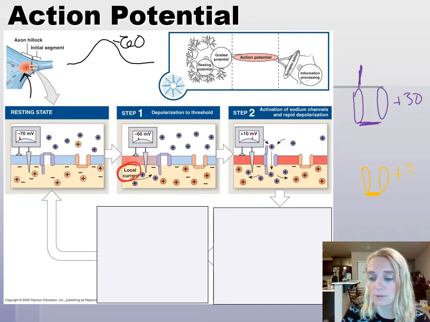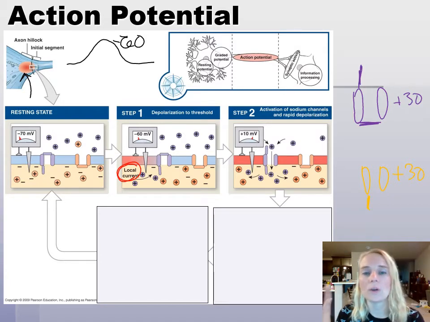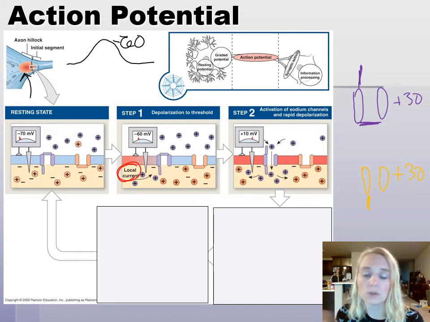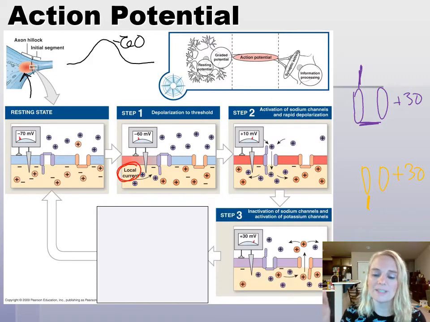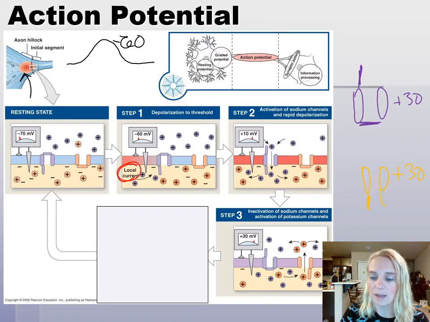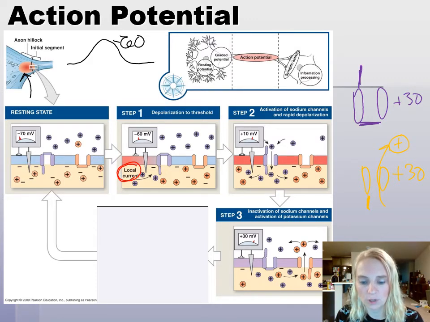At +30, the potassium gate opens. In a simultaneous instant, the inactivation gate closes, so no more sodium can come in, but the potassium channel opens. Now potassium goes down its concentration gradient, which is out. So we're losing positive charges. At +30, the direction changes.